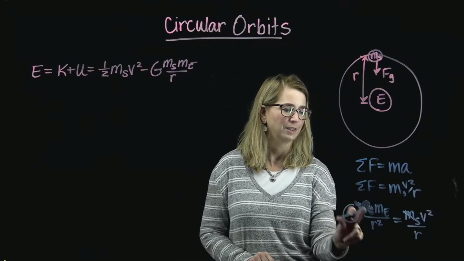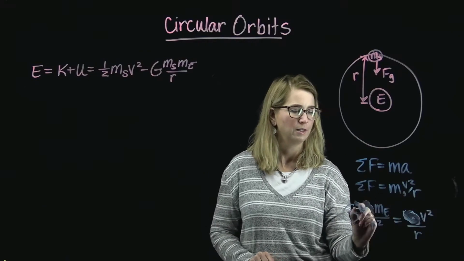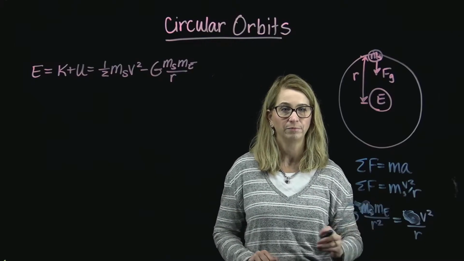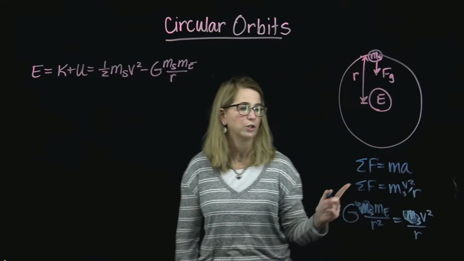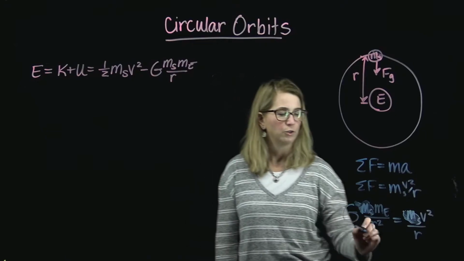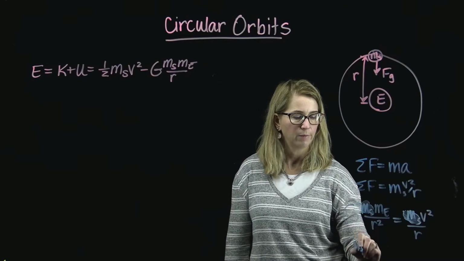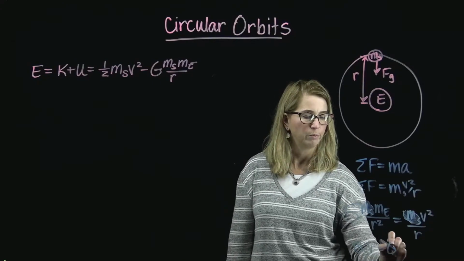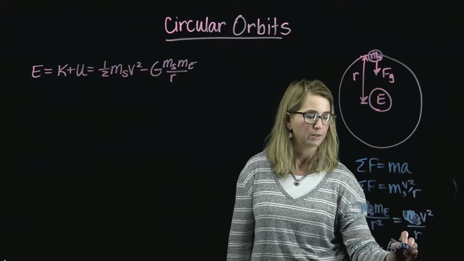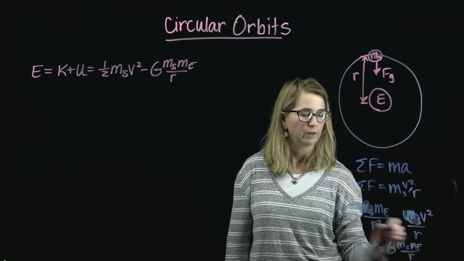So I'm going to undo that and make a mass here. So I have the mass of the satellite and the mass of the satellite, because what I want to do is use this expression to write the mass of the satellite times v squared would be equal to big G times the mass of satellite, the mass of Earth, over r, if I rearrange this.